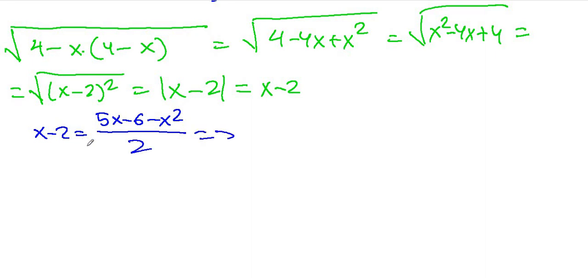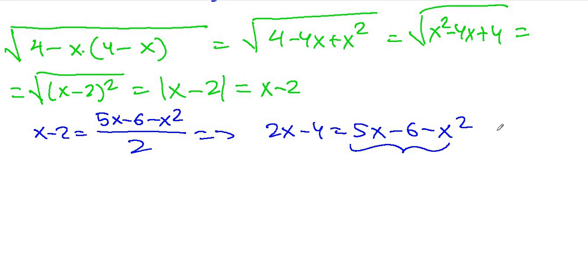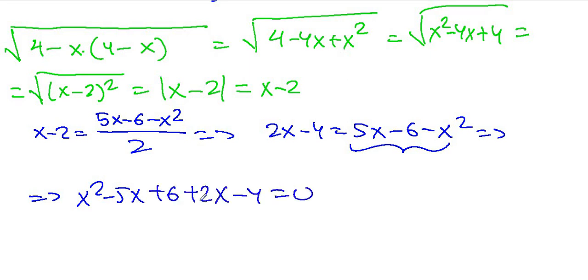Now multiplying both sides by 2, I will get 2x minus 4 is equal to 5x minus 6 minus x squared. Let me move all three terms to the left hand side. Then this is equivalent to x squared minus 5x plus 6 plus 2x minus 4 is equal to 0. And here I'll get simply x squared minus 3x plus 2 is equal to 0.